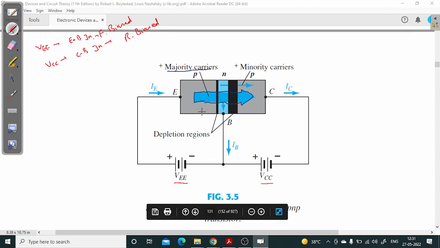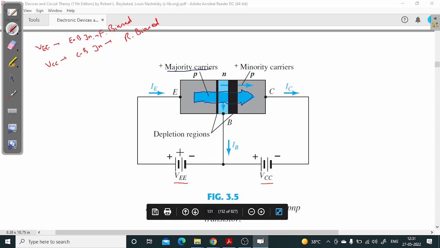Now in figure A, only because the emitter base junction was forward biased and the collector base junction was left open, the current was flowing in this loop only.